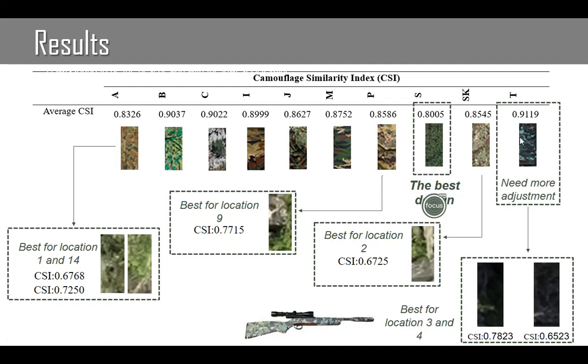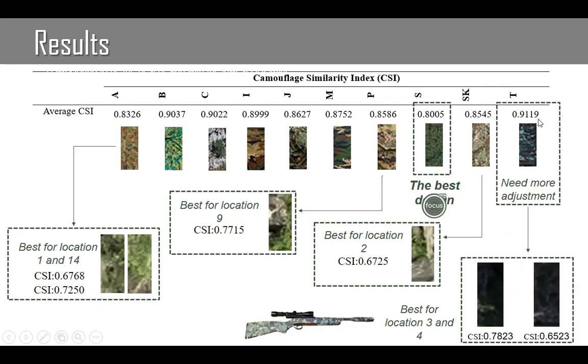However, even though this is the highest CSI, look at this design in location 3 and location 4. It's found that this design had the lowest CSI in these two locations. So it means that the design is pretty good for this dark location.